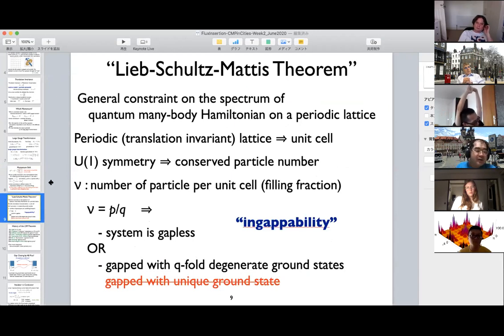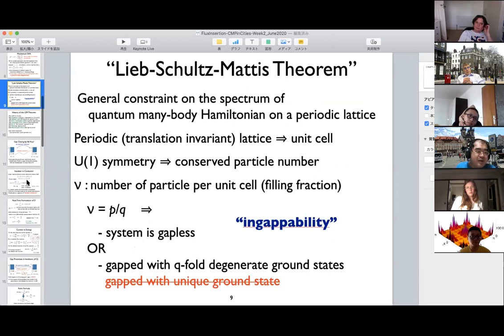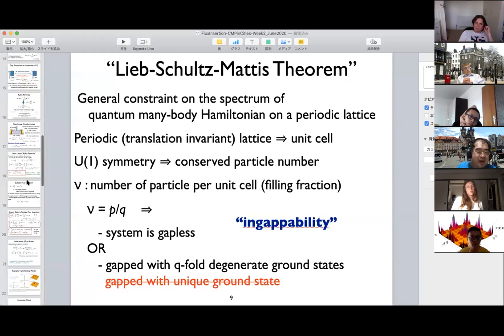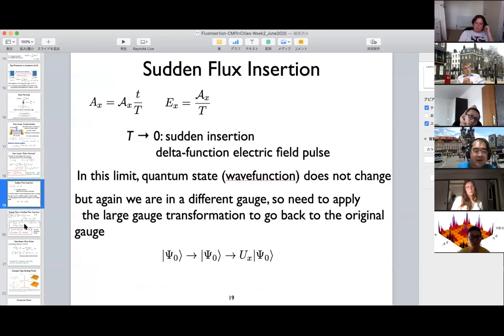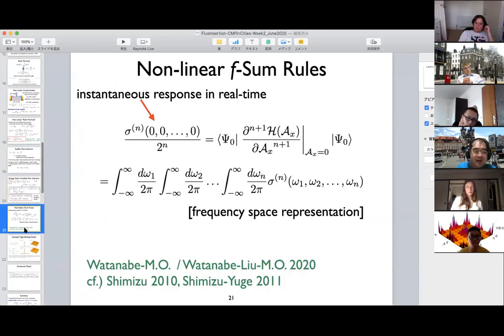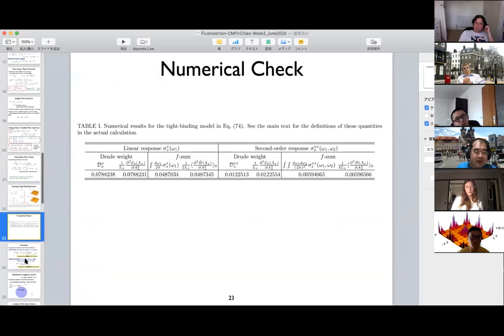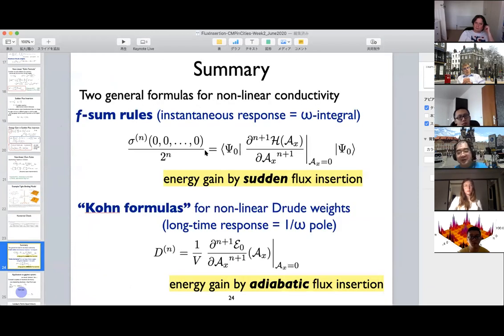Yeah, so maybe my presentation was not good, but this part depends on the translation symmetry. But the latter half of my talk, these are the main results, and as far as I can see, this part does not depend on translation invariance or anything. So we can apply this to a localized system.